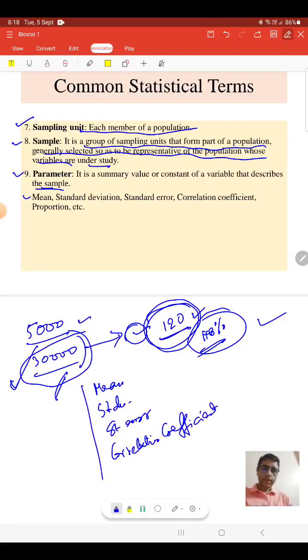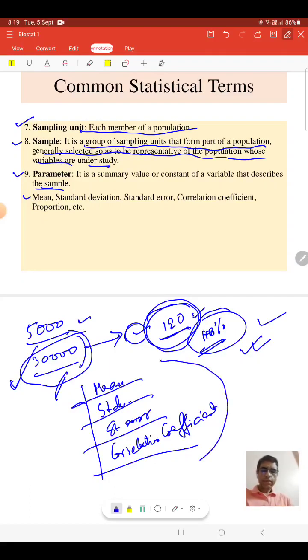These are certain measures which are never going to change for this population if measured properly. If our observation is valid, then these will never change. That is why these are constant, and these are called parameters of that population.